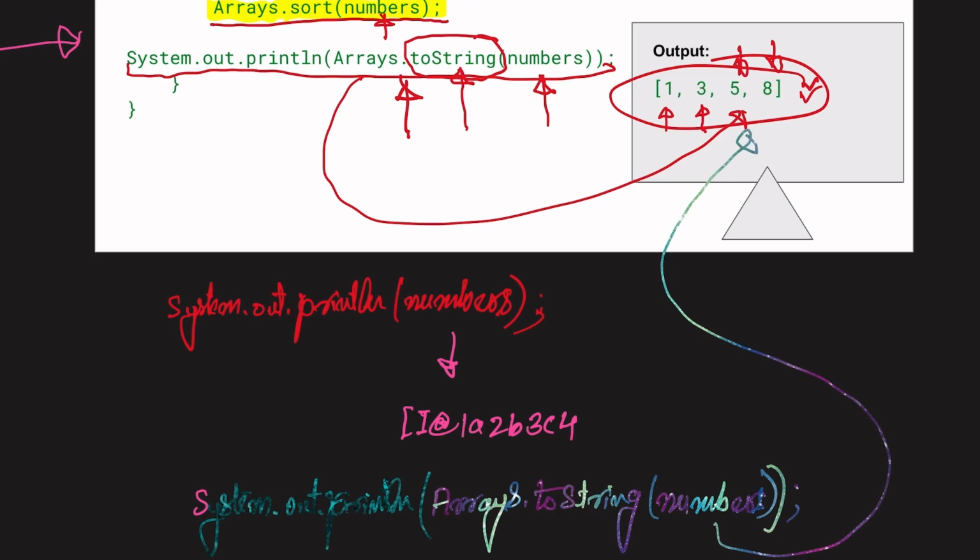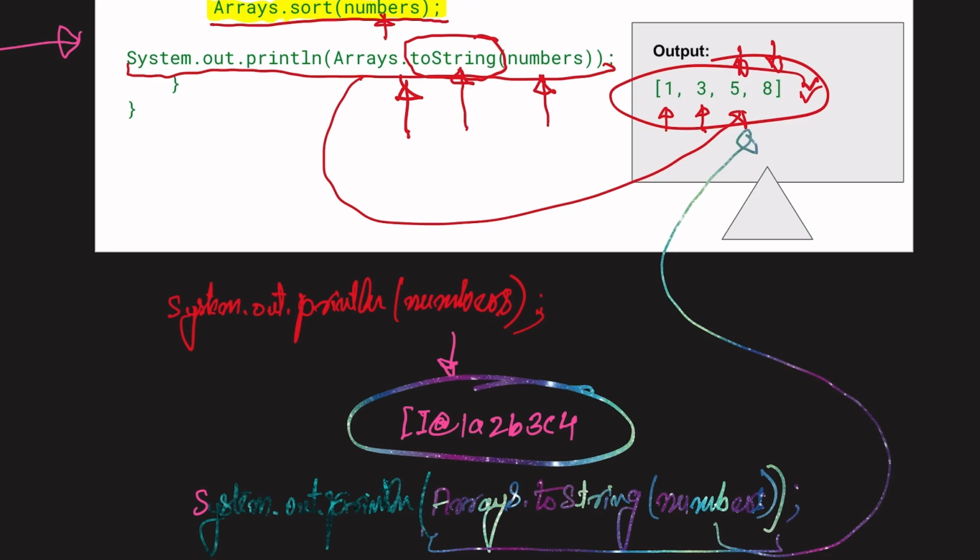So Arrays.toString(numbers) gives you a clean, human readable output of the array content. So if you want to print the array's elements, you need to use Arrays.toString(numbers) so that you get the correct output, not the reference of that object like this.